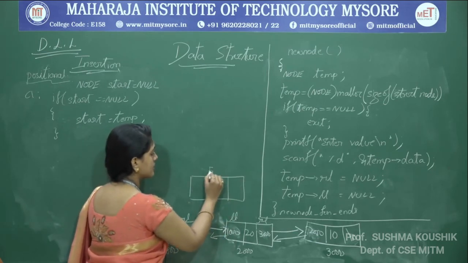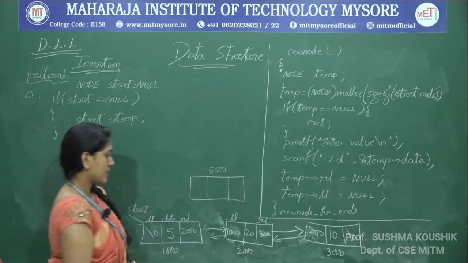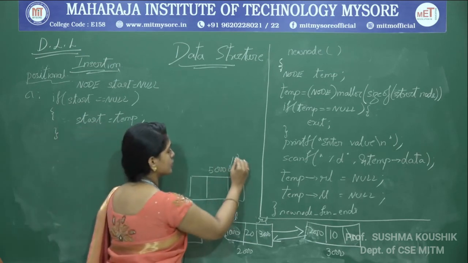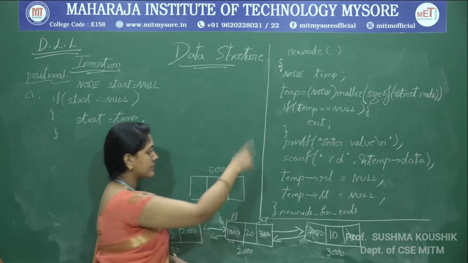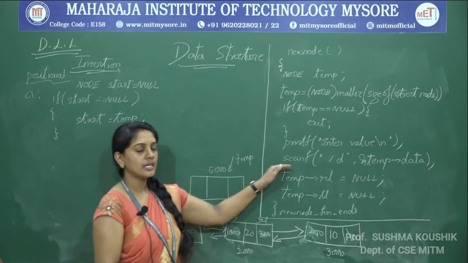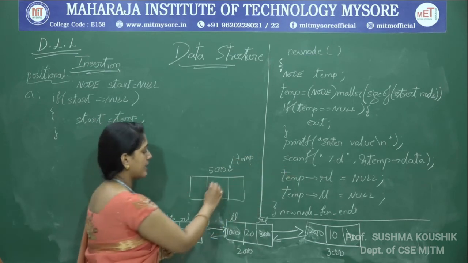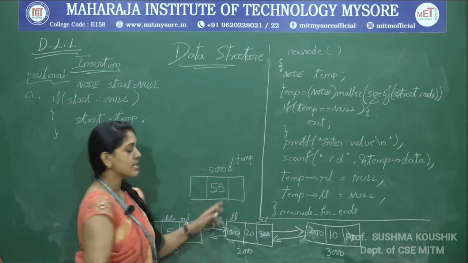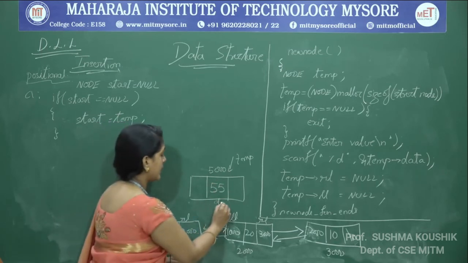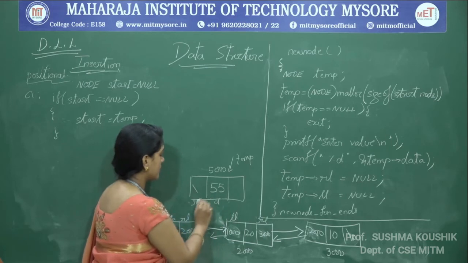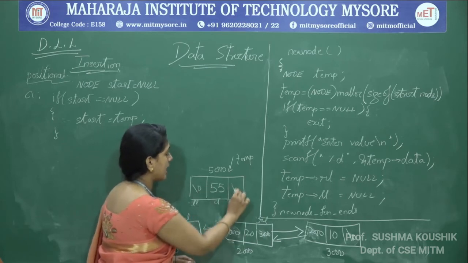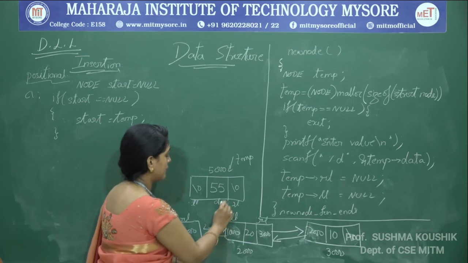Suppose this address is 5000, temp is pointing to this new node. Temp is not null, so enter a value. It is demanding a value, and now if we enter the data field as 55, LL comes with null, and RL also comes with the null field.